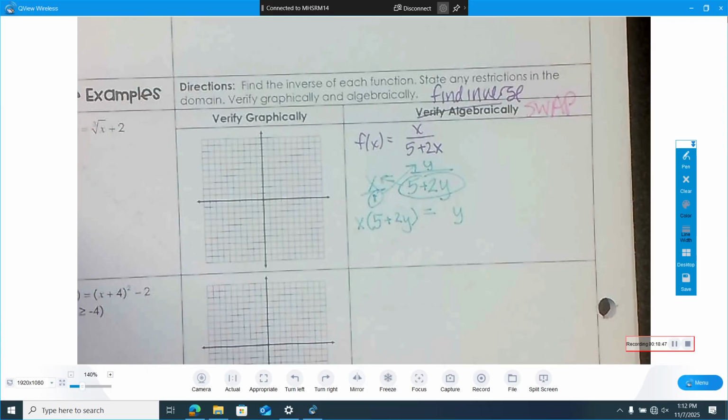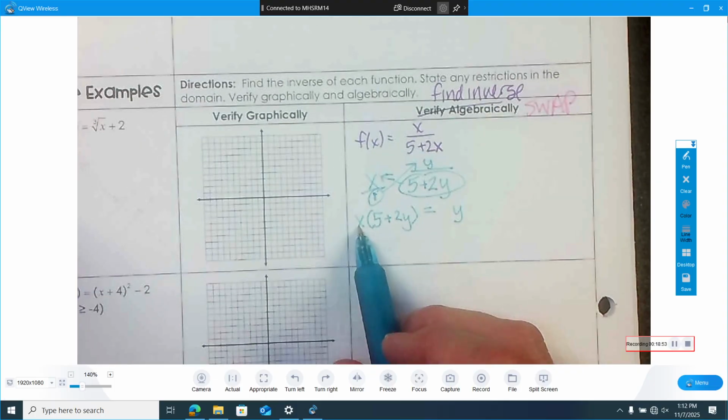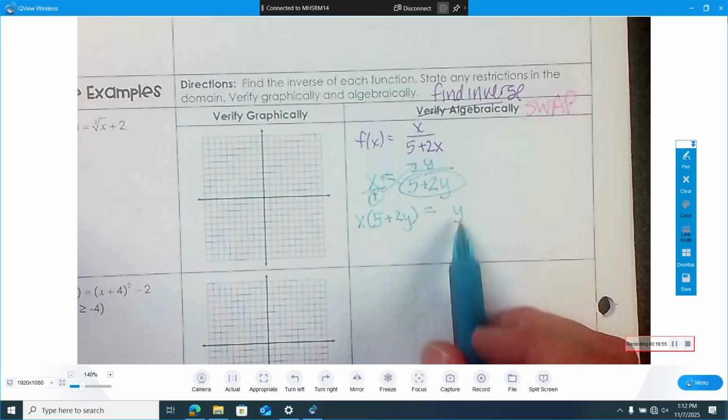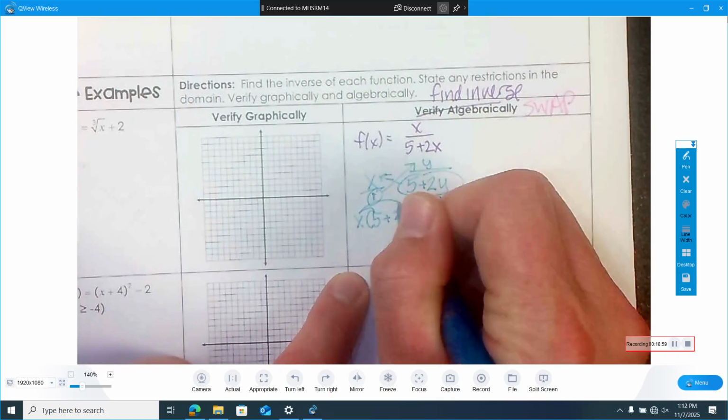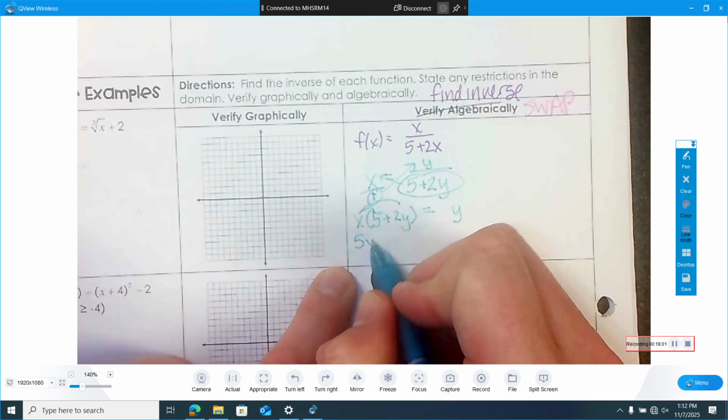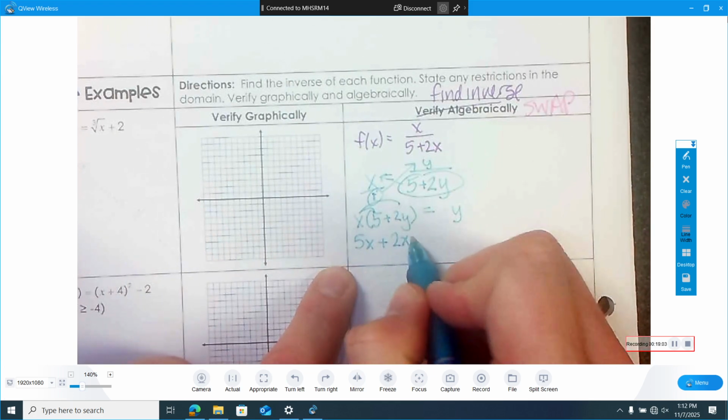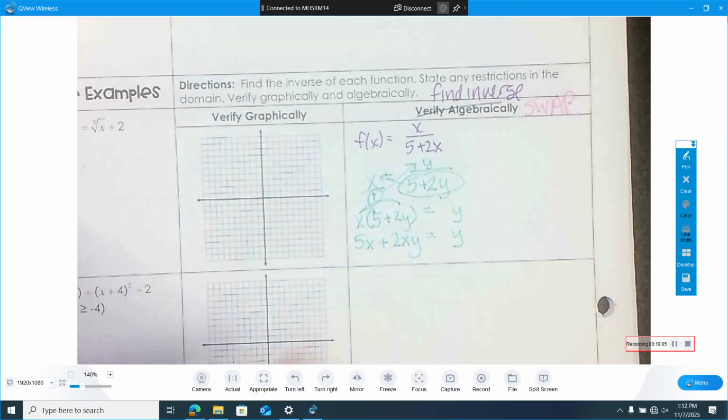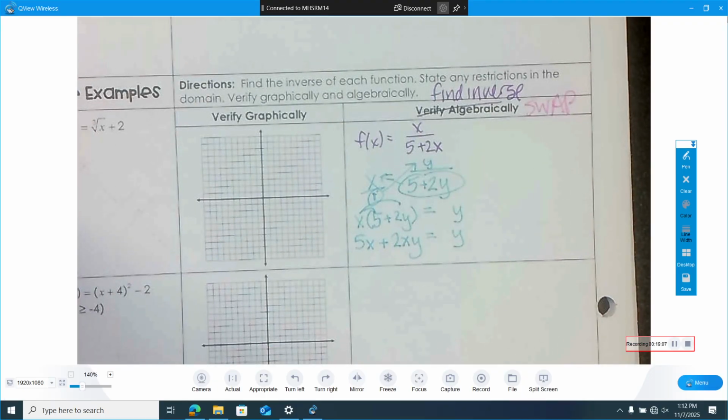Craziness, right? There's multiple y's. Distribute. We can't divide by x, because if I divide by x, I still have this weirdness here. We actually do need to distribute on this one. 5x plus 2xy equals y. Now, what we need to do is collect the y's.